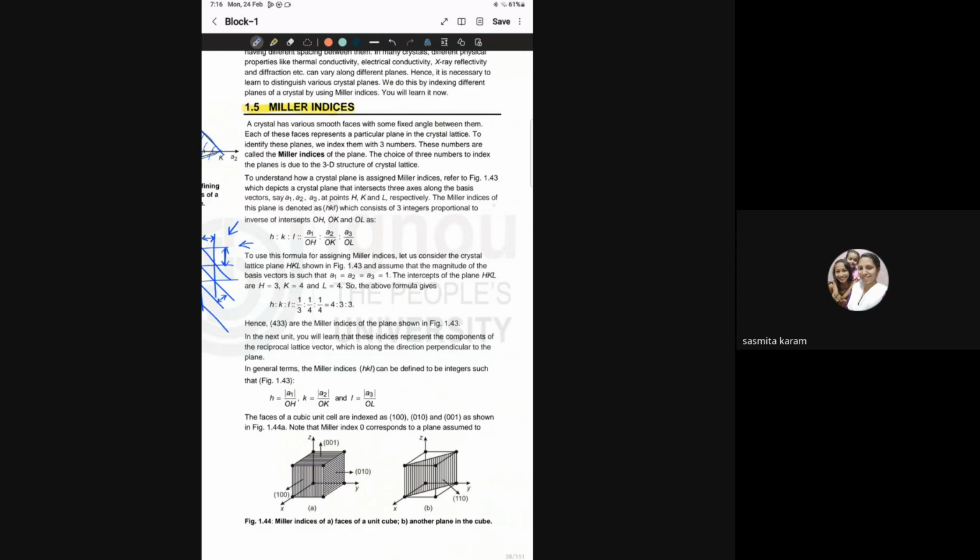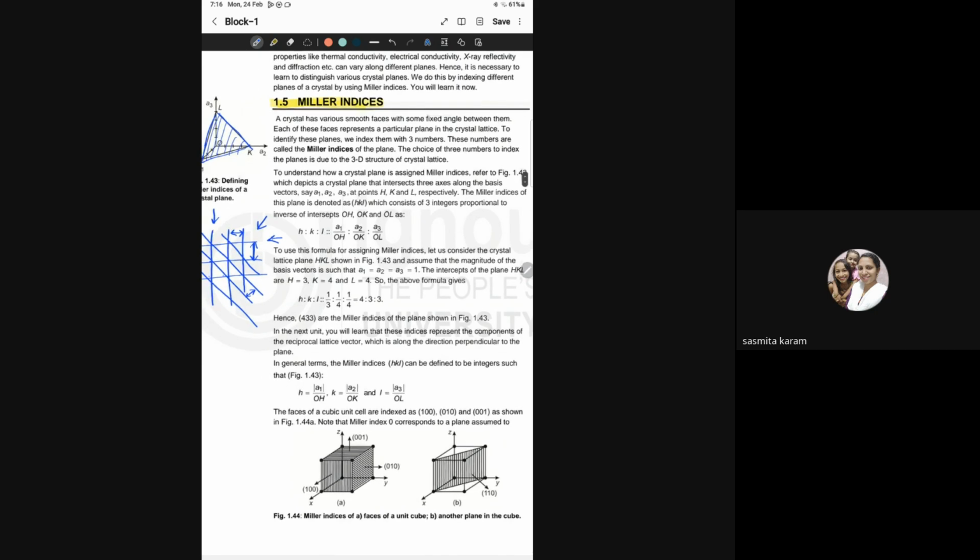The Miller indices of this plane are represented as small h, small k, small l. How do you find this small h, small k, small l? First thing, if you have a plane, you try to find its x-intercept, its y-intercept, and its z-intercept.